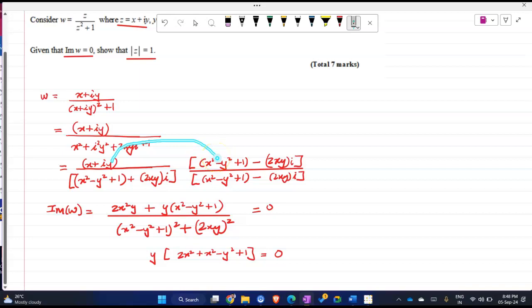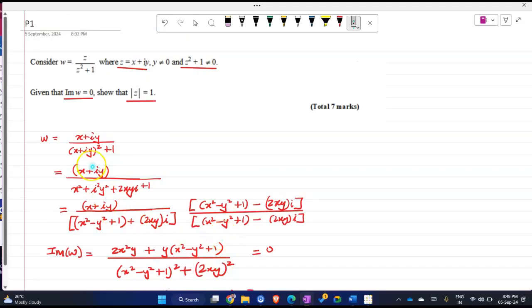Correct? So 2x square y, that is because of this, correct? And y into this. So I should get x square.